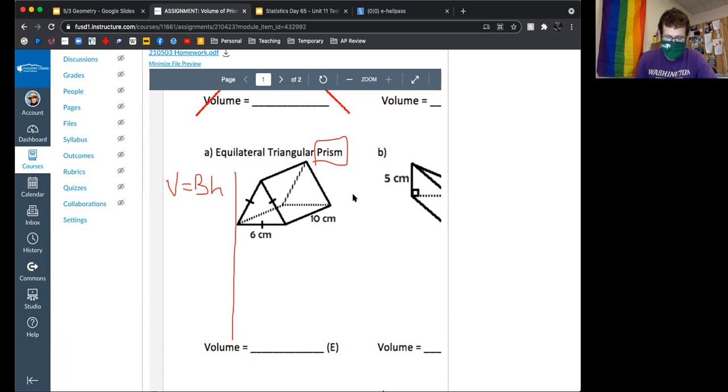So my question now is, are there any of these dimensions that we already know? Do we know the area of the base or do we know the height of the prism? We know where the base is. Do we actually know the area of the base?